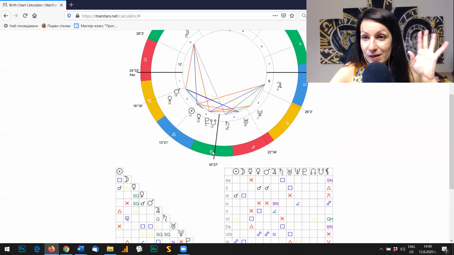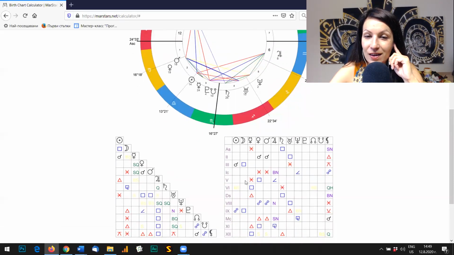So this is the third element. The first one was the sign, then the planets in the house, then the ruler of the house, and we have the last element. Those are the aspects between the planets and the cusp of the house, and you can find those in the right table. So I see this is the cusp of fourth house, Imum Coeli.